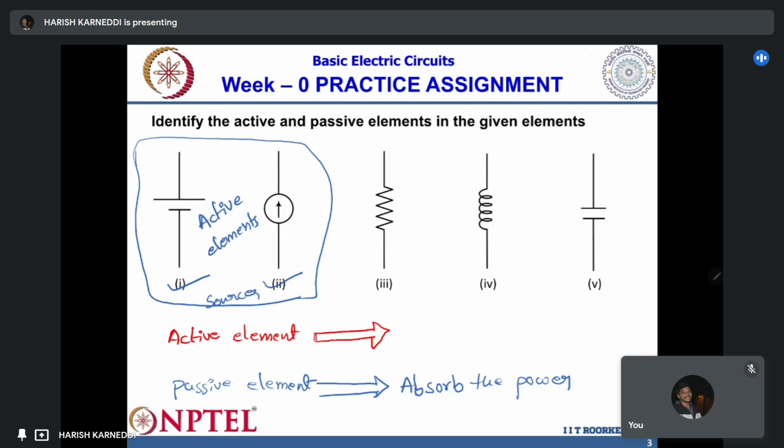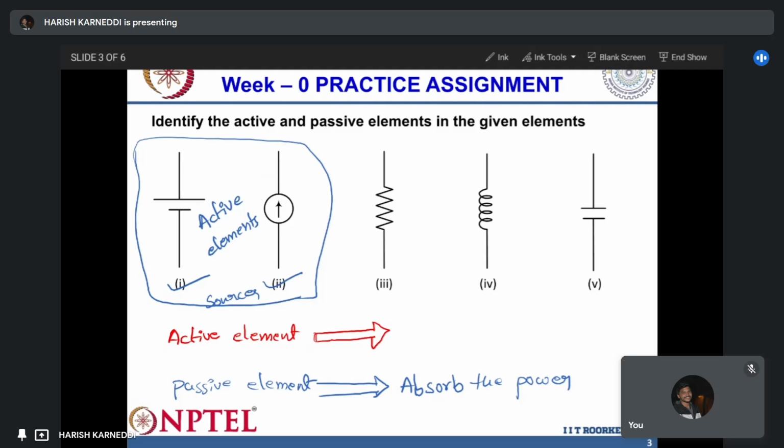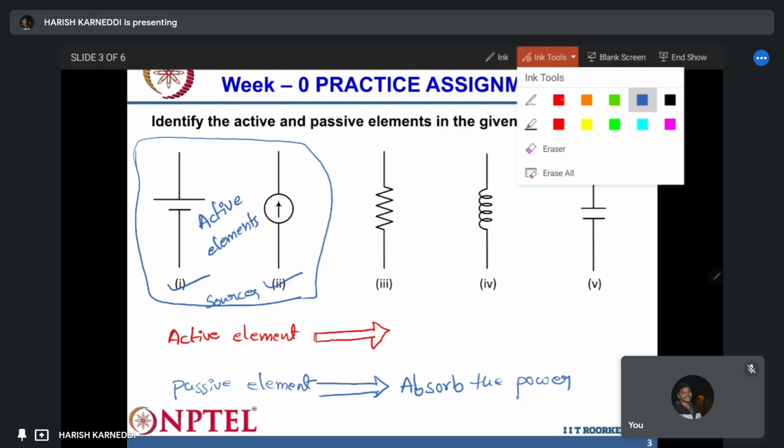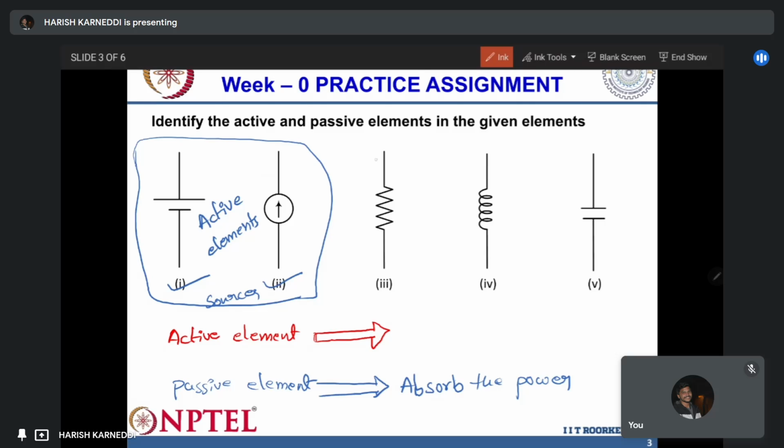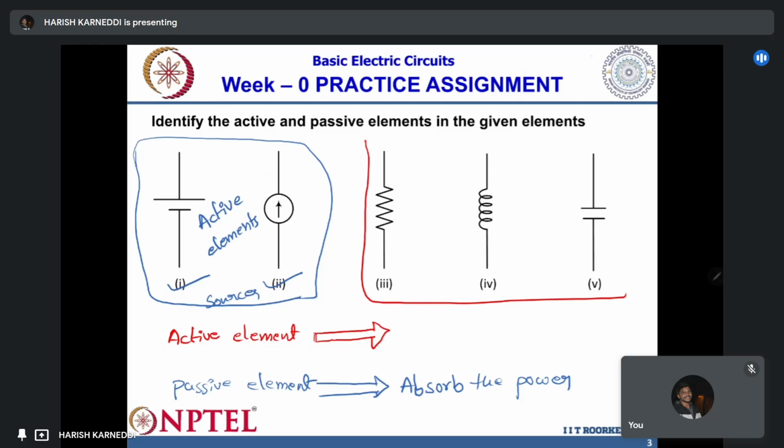The resistance, inductance and capacitance, these are absorbing the power. If they are absorbing the power, these are passive elements, right?